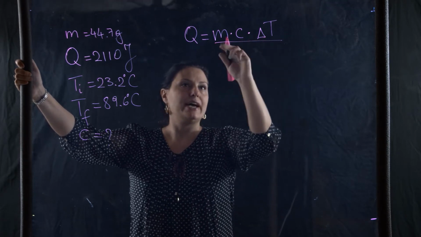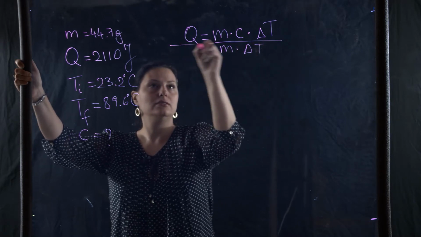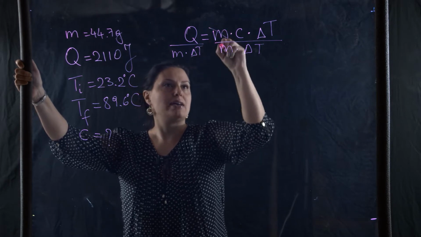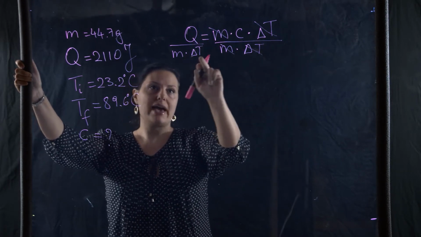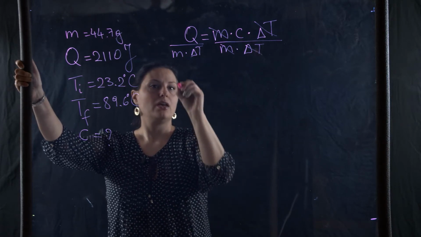I divide both sides by the mass and delta T. My mass cancels here, delta T, delta T. So I have Q divided by the mass and delta T equals my specific heat, c.